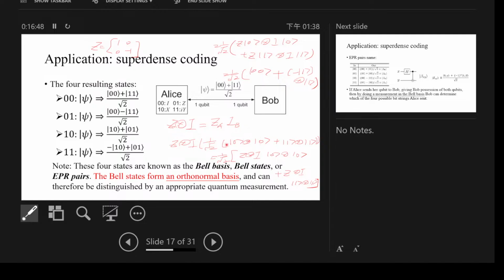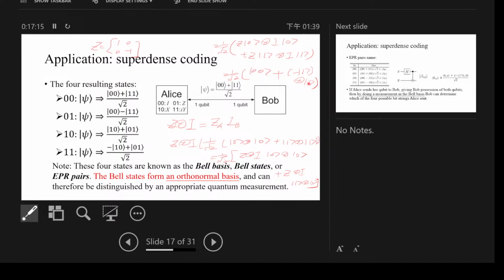Z tensor identity on |00> is Z on |0> tensor identity on |0>. And similarly, the second part, we have Z on |1> tensor identity on |1>. Okay, and now we can resolve this back to simpler notation. So |0> is an eigenstate of Z, and so it's still |0>. And identity on |0> doesn't do anything.